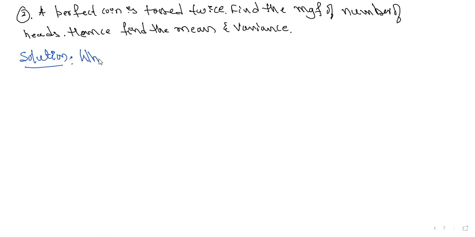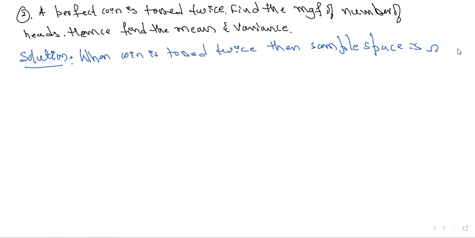When a coin is tossed twice, what is the sample space? The sample space is this one. So here we may get head-head, head-tail, tail-head, tail-tail. This is our sample space.